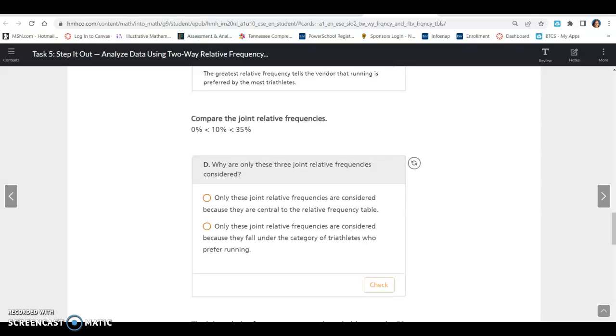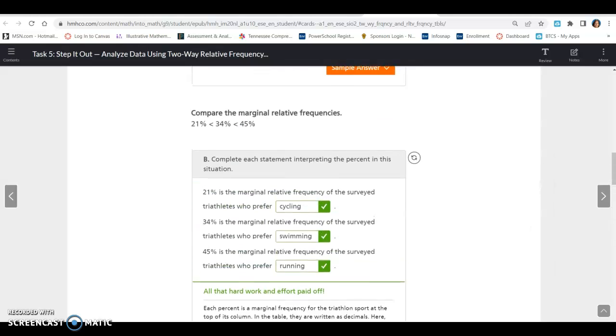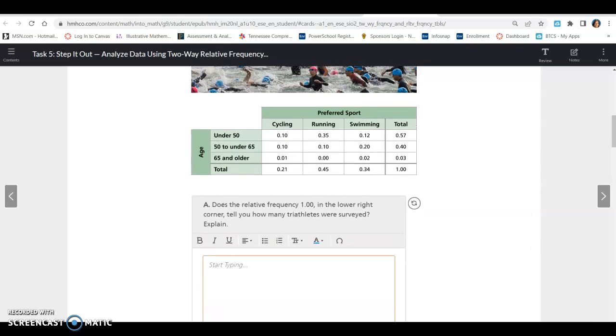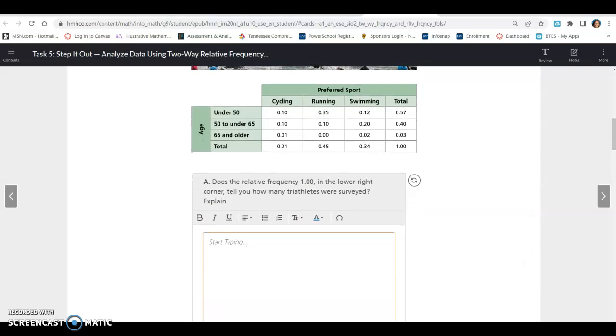All right, so it says compare the joint relative frequencies 0, 10, and 35. So that would be these numbers here. They are joint because they're on the inside here, where these are marginal. So we've got 35 is under 50, 10 is 50 to 65, and 0, 65 and older prefer running.